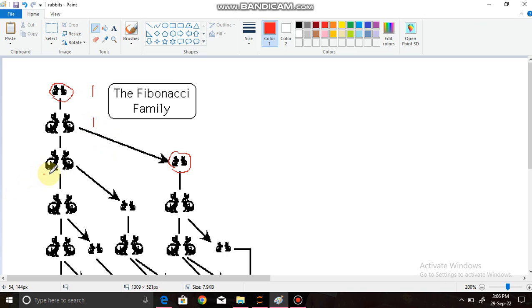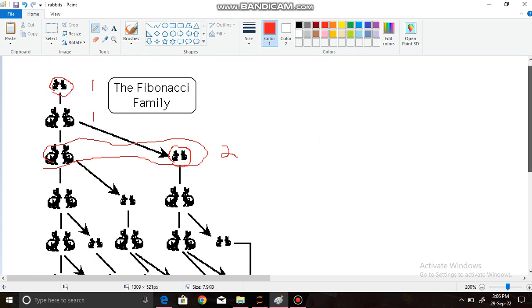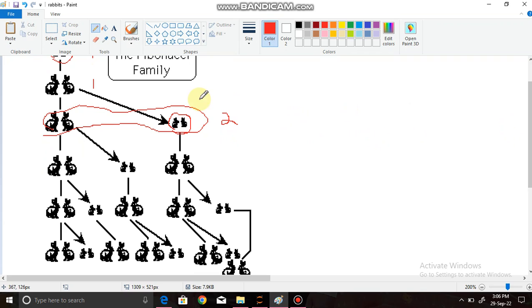At this line, if you see, there are two pairs of rabbits. One is the parent rabbits and the other is the young rabbits. Then again after a certain time, these rabbits reproduce, giving birth to two young rabbits.